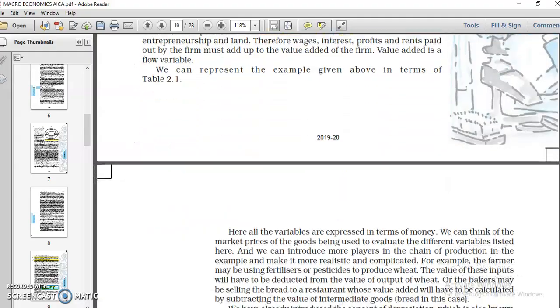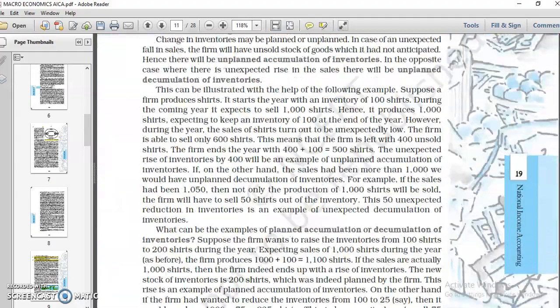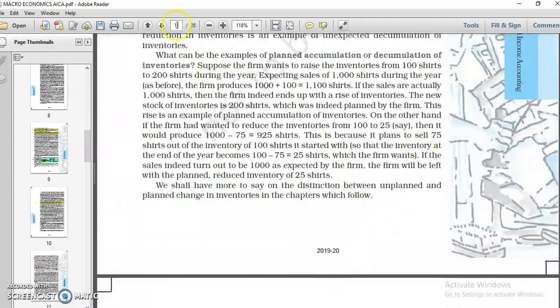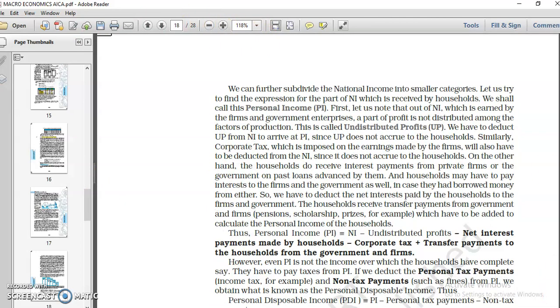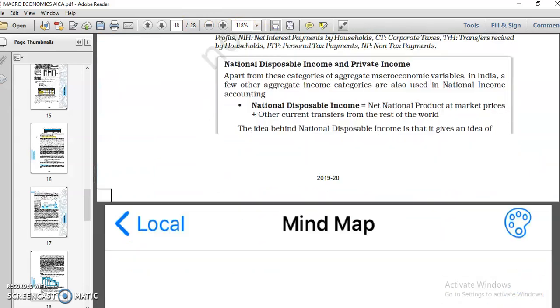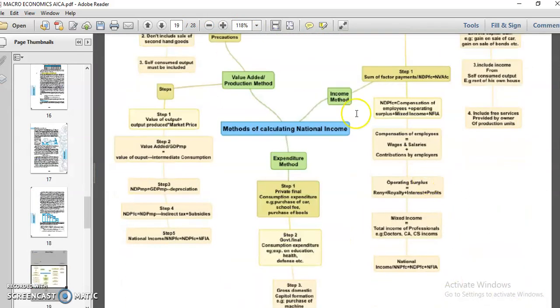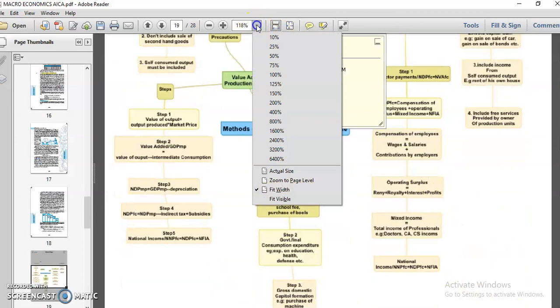Now let's understand the important things. I will show you one mind map. From that mind map you will be able to understand this. This is important.